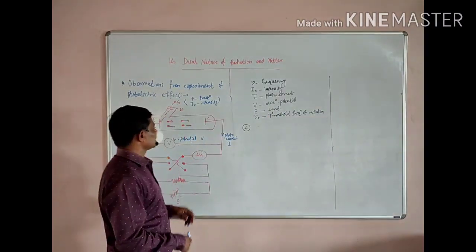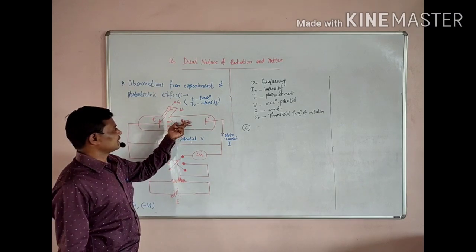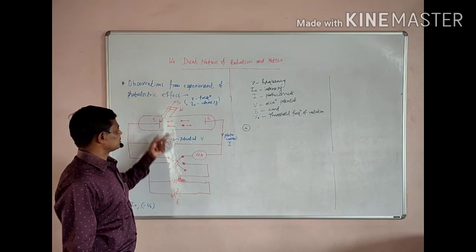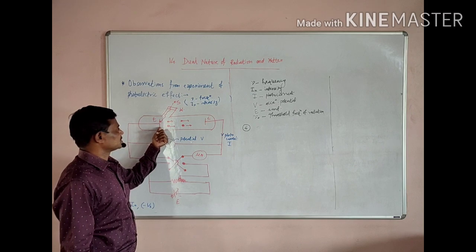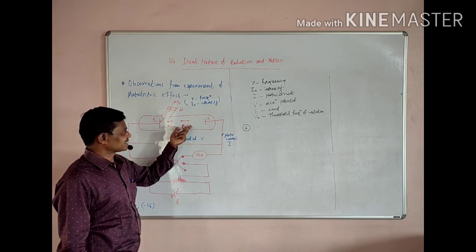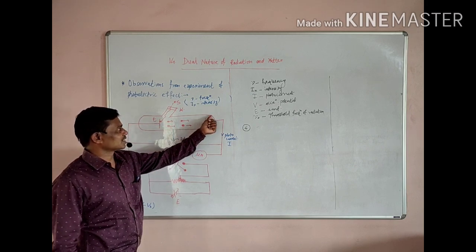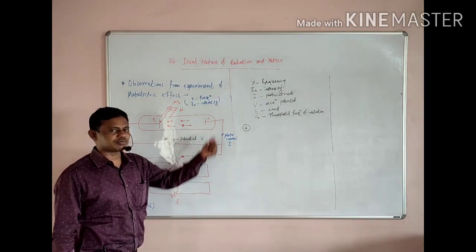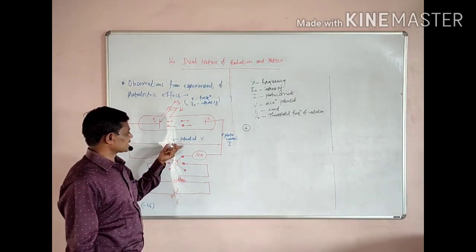Think about the kinetic energy of these electrons. Electrons are emitted from the emitter and they accelerate towards the collector because it is maintained at positive potential due to this accelerating potential.